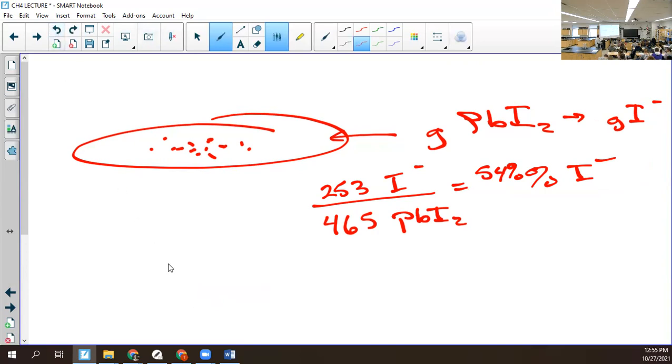I took, and this is finding iodine, the molar mass number, and I divided the mass of lead iodine by that. So your sample mass? Yeah.